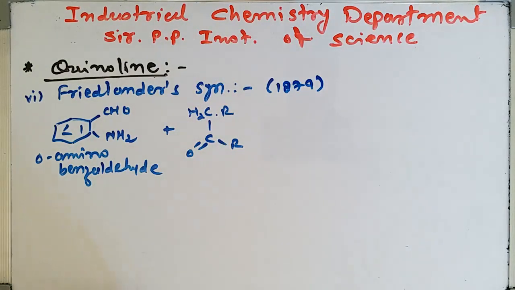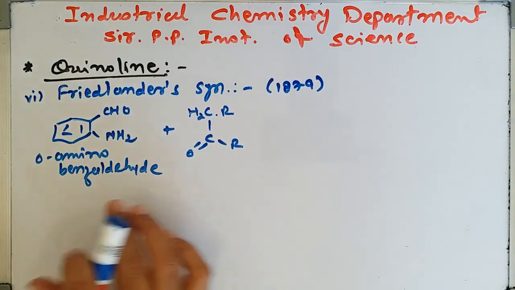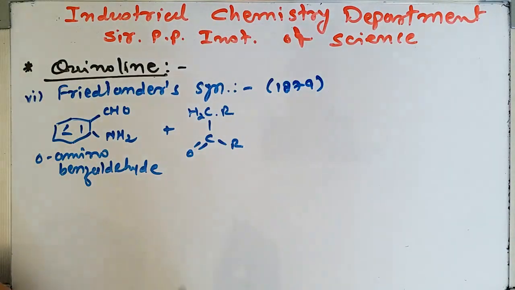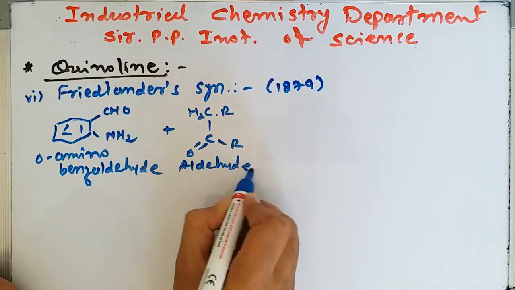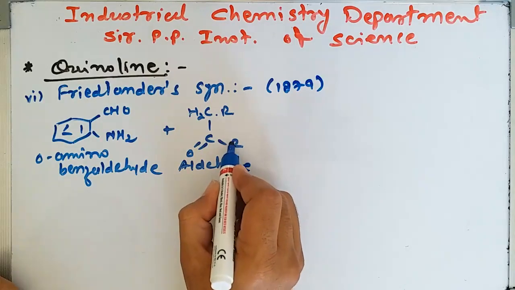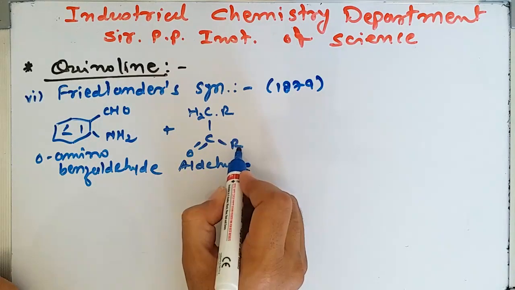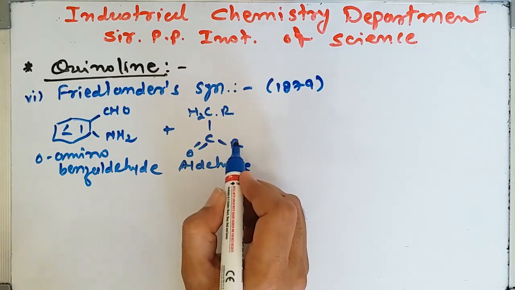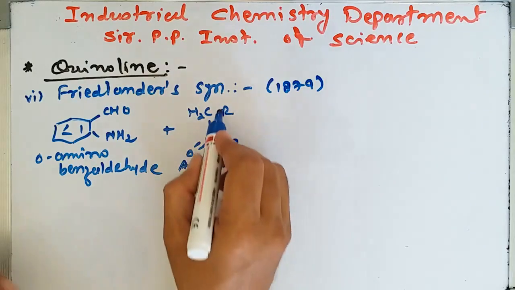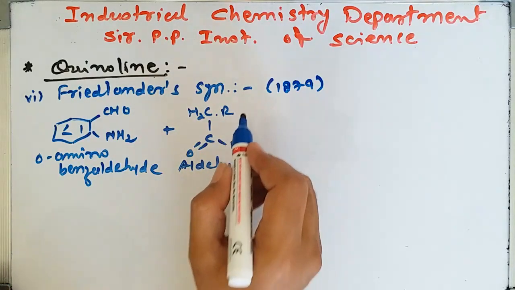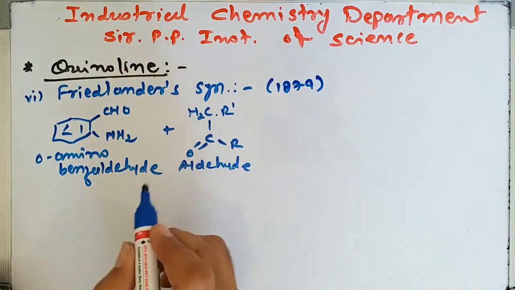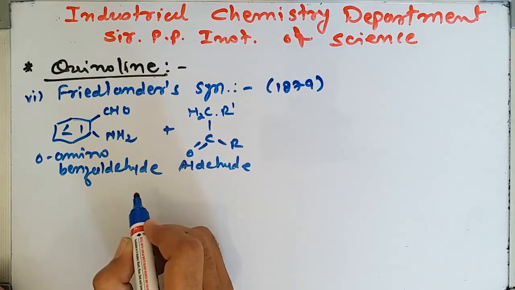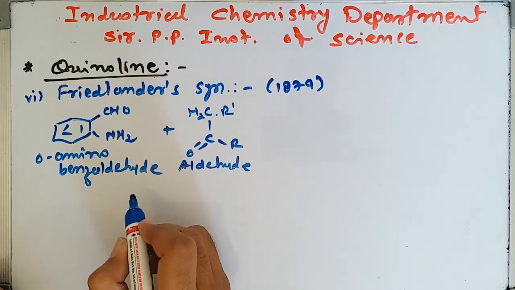The method consists of condensing the orthoaminobenzaldehyde with an aldehyde or ketone. It is an aldehyde when this R is hydrogen, and this is an alkyl group R. If R and R dash are both alkyl groups, then it is a ketone.